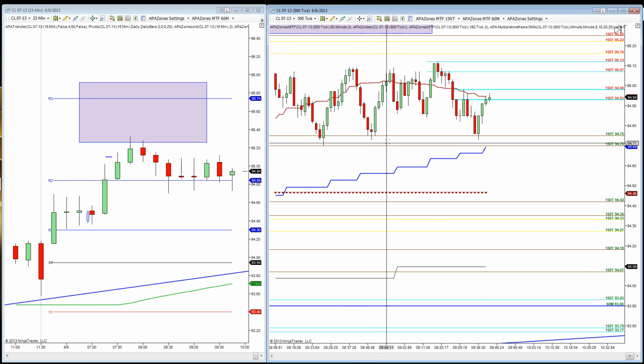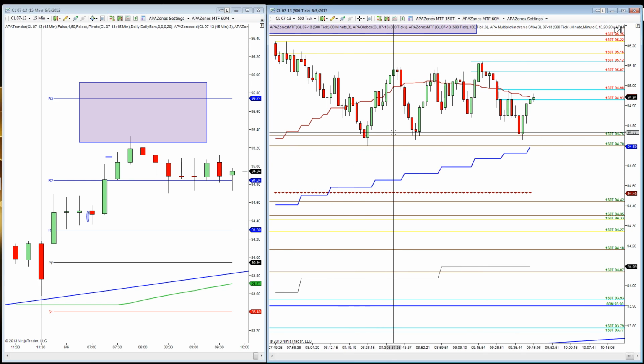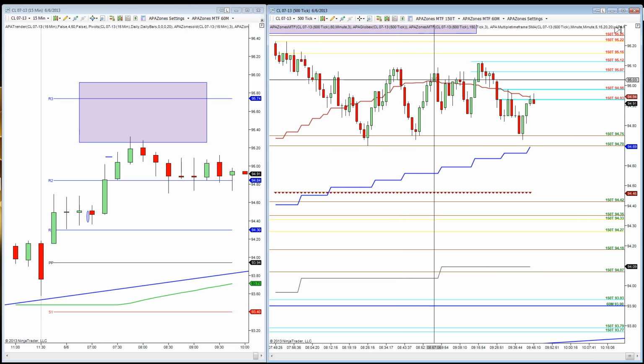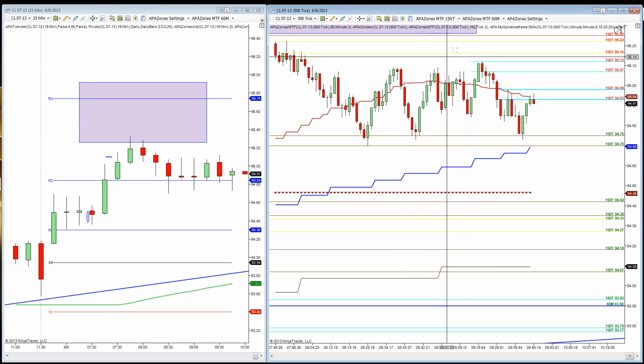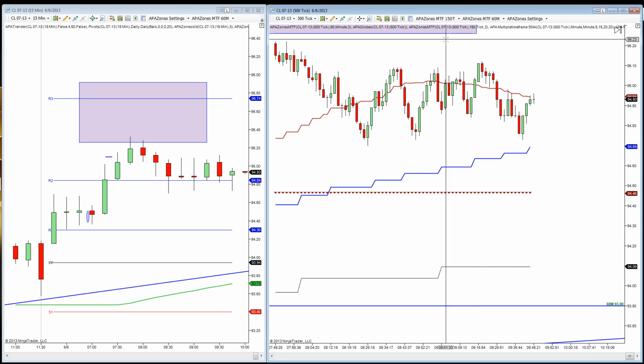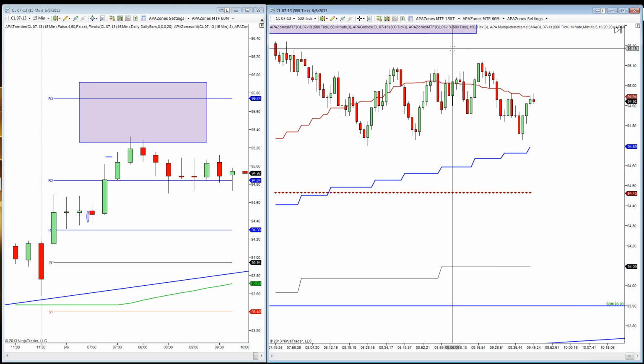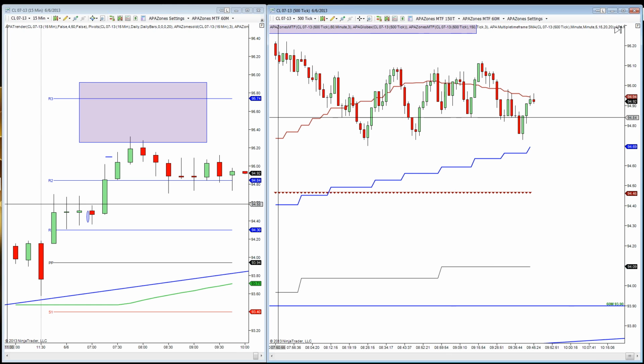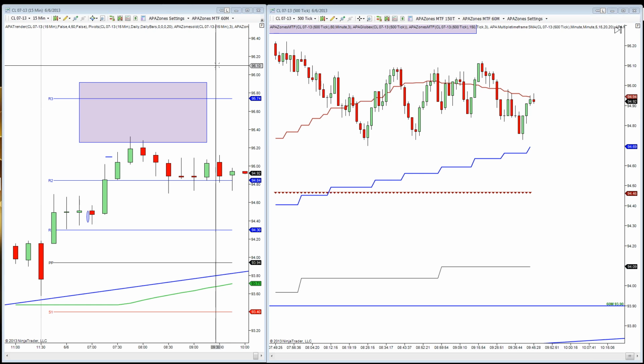Yeah, if you want to use them for good potential first targets, those are really good levels to watch. Extremely good, I think. Especially on crude. But again, I'm just trading crude right now, so I'm not trading any other markets, and doing just fine on it. I just started playing around with this 150 tick just a few days ago, just for the heck of it, and kind of like it.